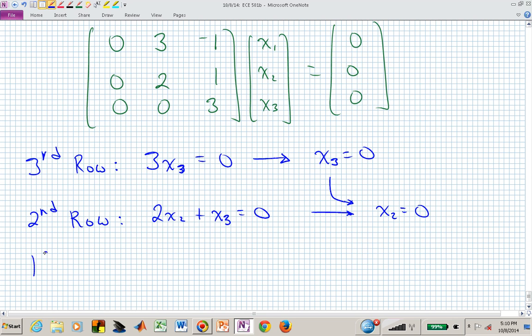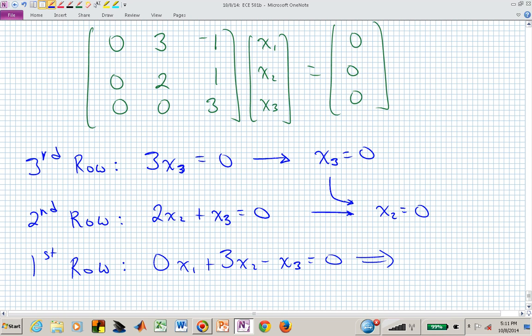From the first row, now we have 0x1 plus 3x2 minus x sub 3 equaling 0. But from the earlier two, we already know x3 is 0, x2 is 0. Now we have 0 times x1.